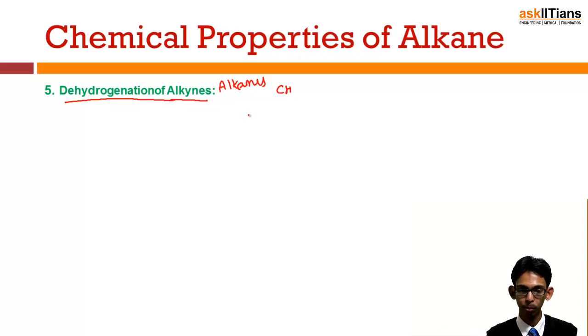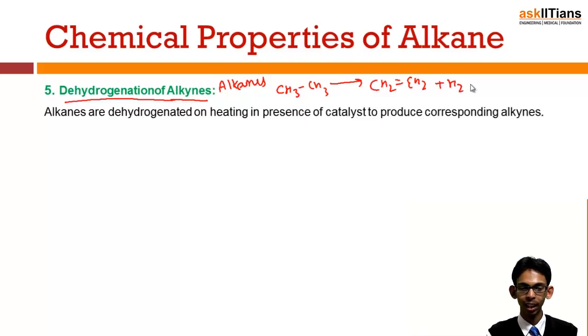When hydrogen is removed from these, let's say this is a compound CH3, it will result in the formation of an alkene or maybe an alkyne and so on. So alkanes are dehydrogenated on heating in the presence of a catalyst to produce the corresponding alkenes or alkynes.